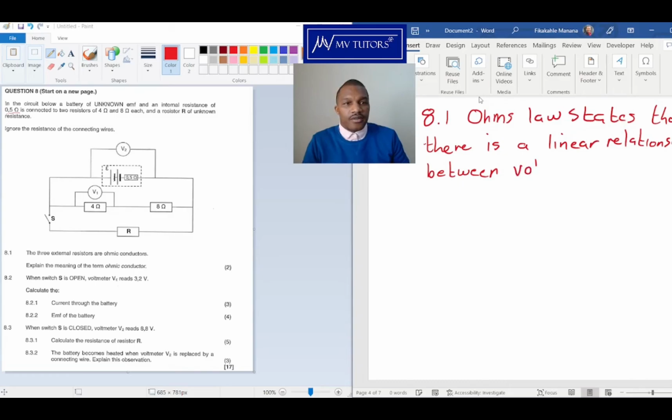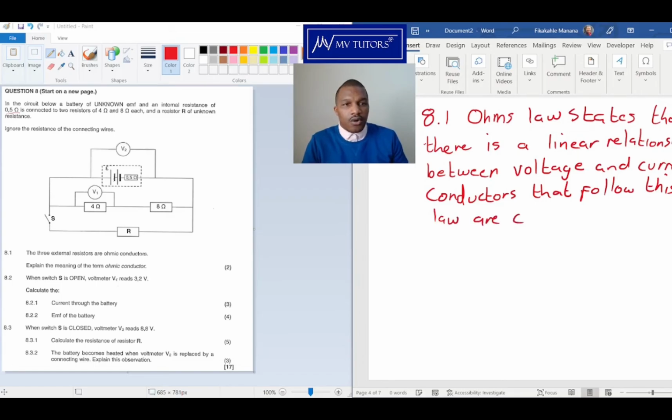Voltage and current. Full stop. So conductors that follow this law are called ohmic conductors.